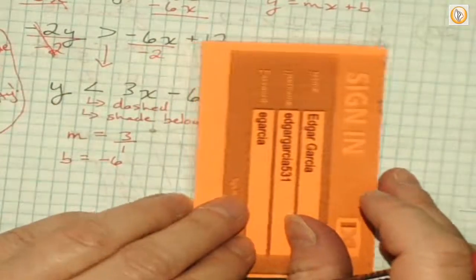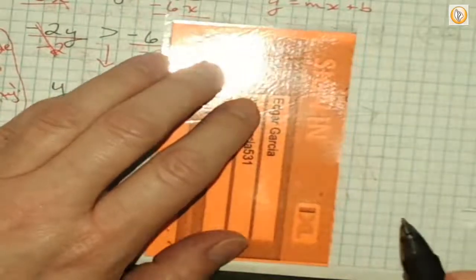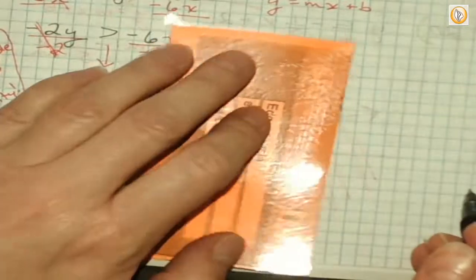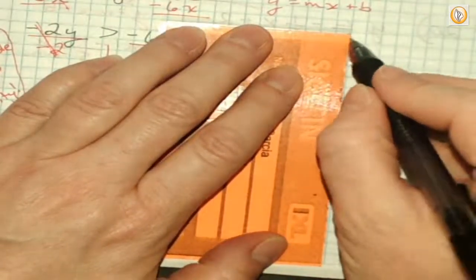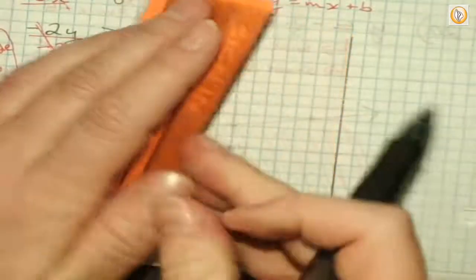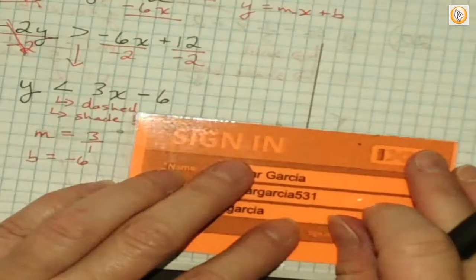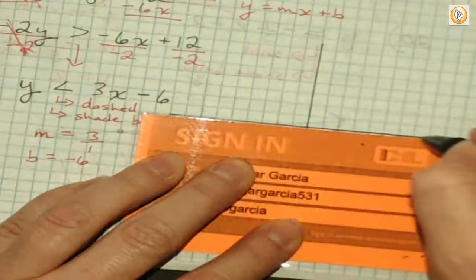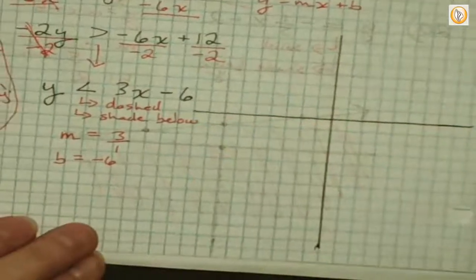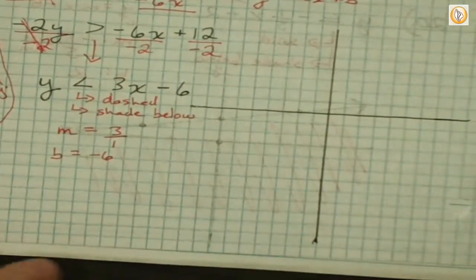All right, so I'm going to graph this. Make sure I have room. The first thing that I put on the graph is what, Izzy?